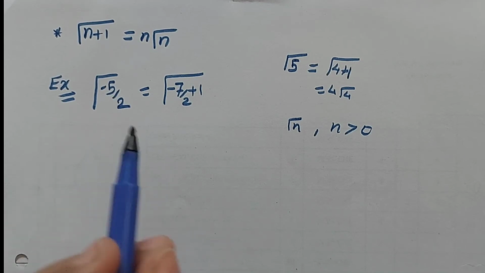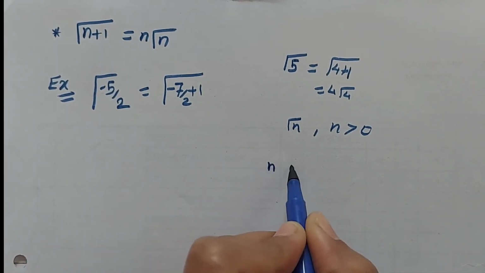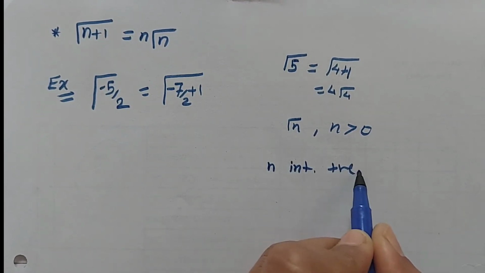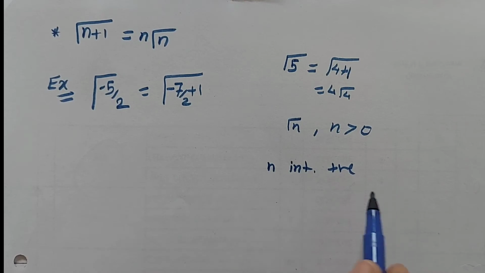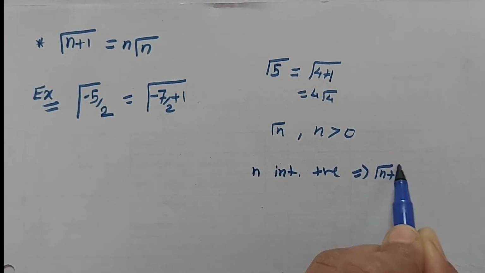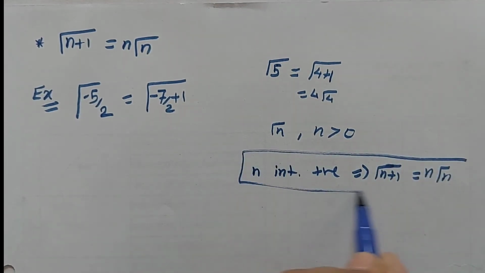Here I will tell you a trick. If n is a positive integer, then we use gamma of n plus 1 is equal to n gamma n, this property.